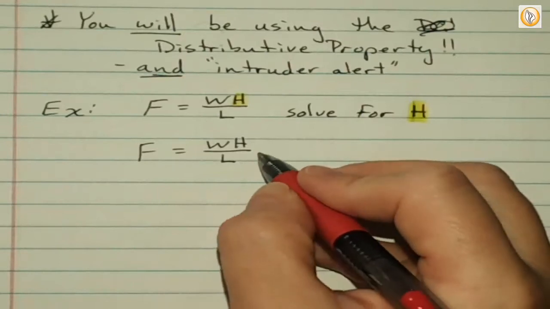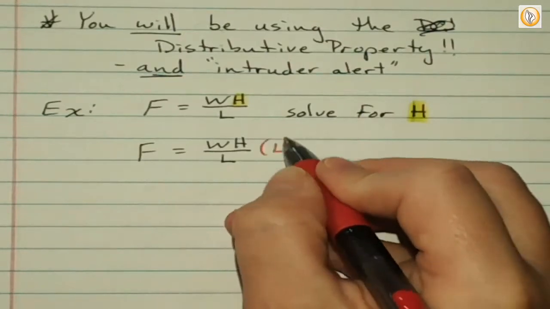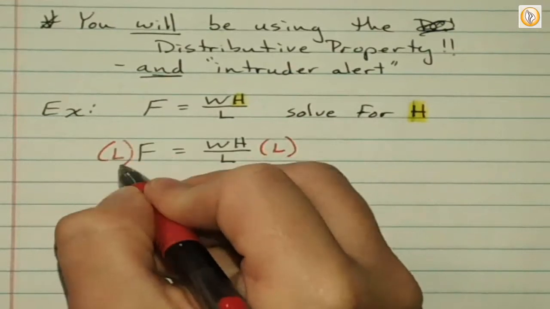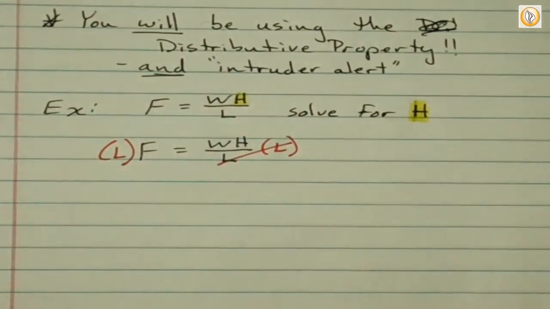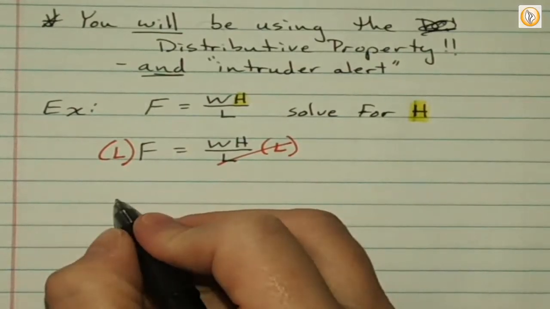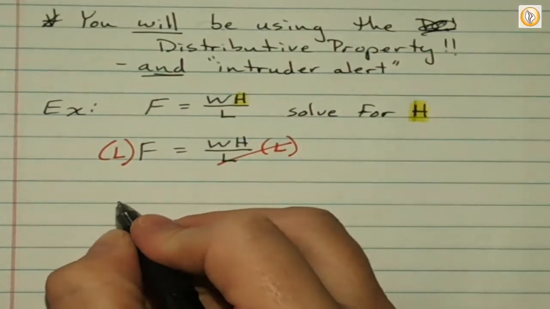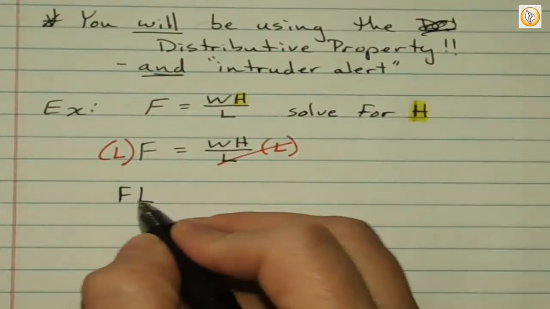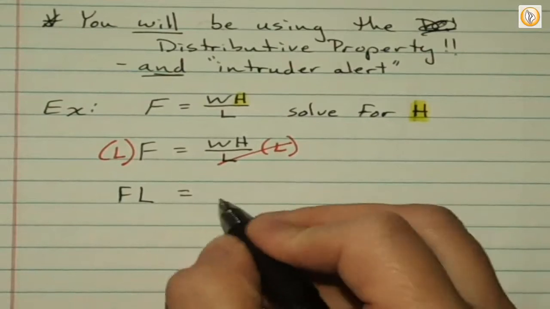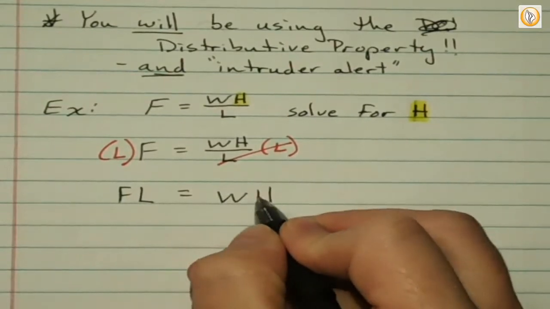There you go. So we're going to multiply both sides by L to eliminate that L. And again, ABC order, I have F times L, because L times F is just that, right? Equals WH.